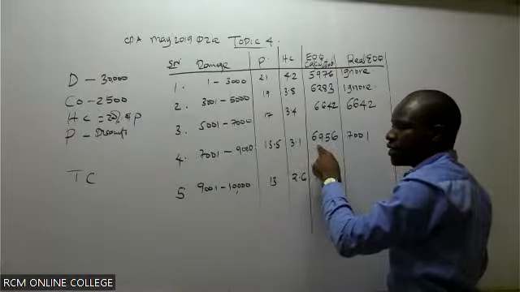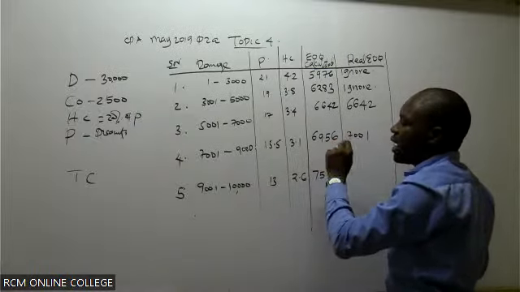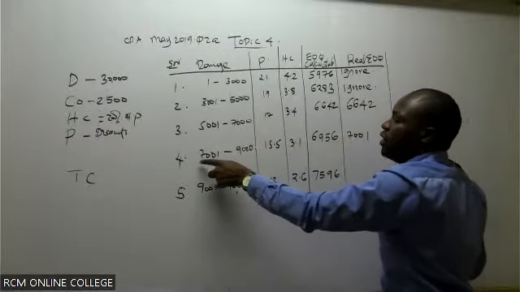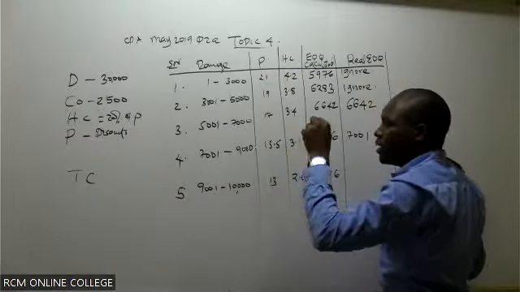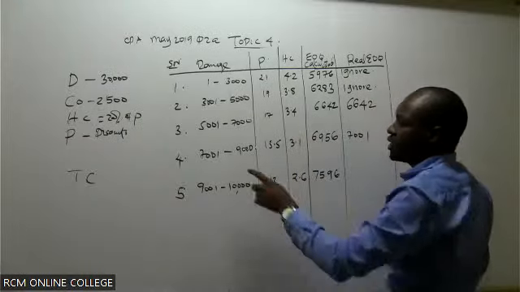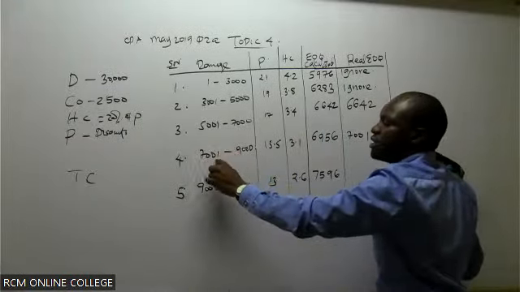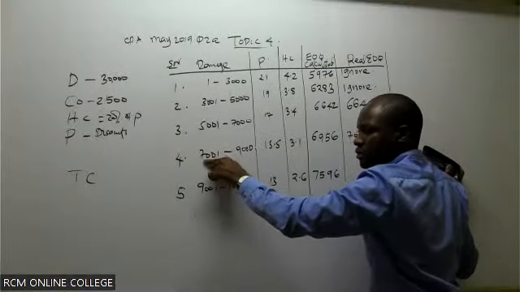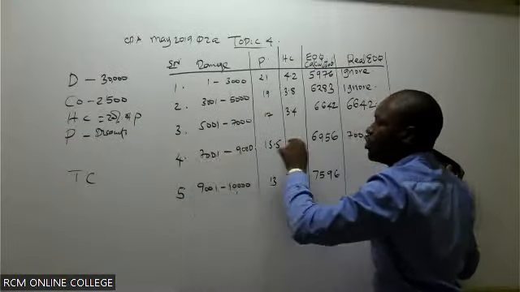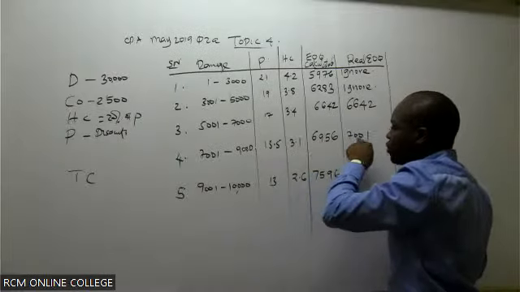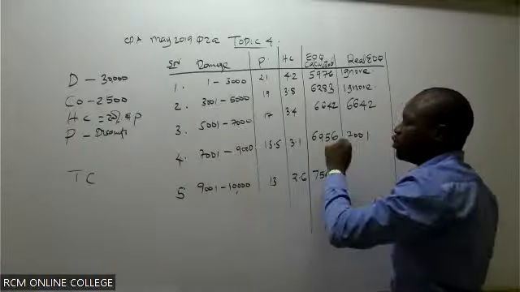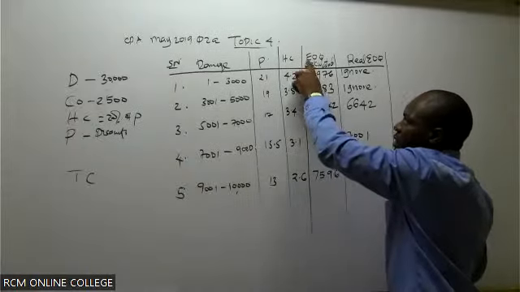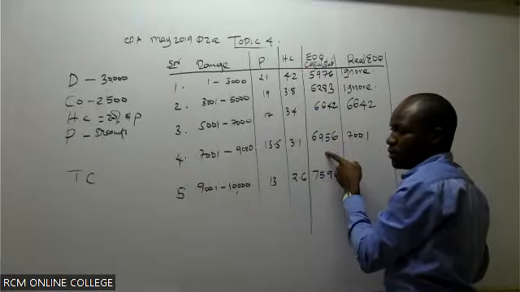That's why we took the lowest within this range. The least quantity that will give us that discount is 7,001. That's why we are taking this lowest within this range, not this. So what we picked is above the calculated one. The rule allows us to pick a figure above the calculated economic order quantity.